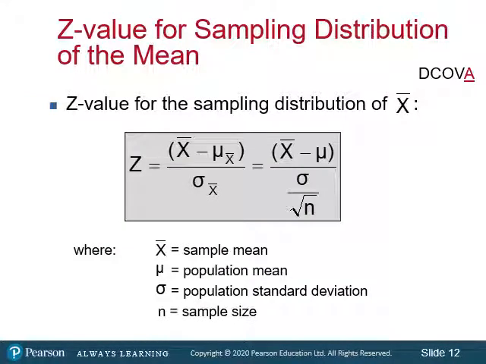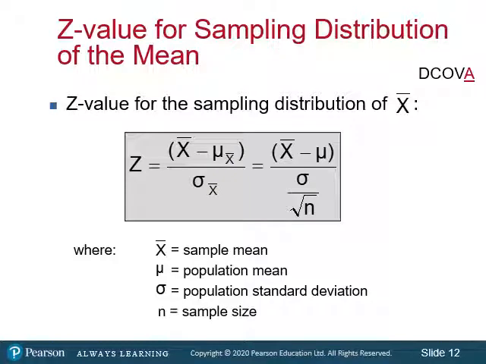Next, we will look at how we calculate the Z value for the sampling distribution of X bar. So the formula for Z is given as X bar minus mu X bar divided by the standard error, which is sigma X bar. We already showed that mu X bar is actually equal to mu.